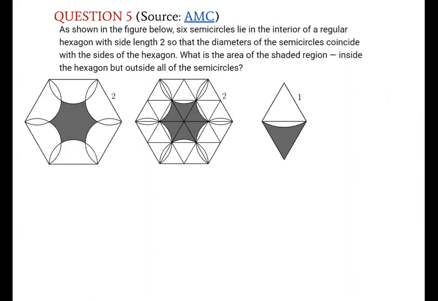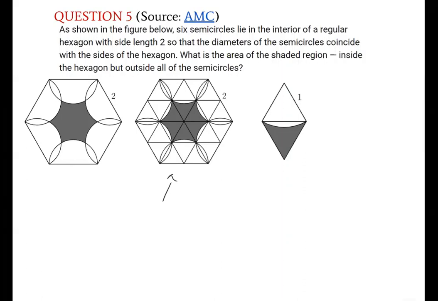Question 5. This question looks hard, I guess, but if you just draw some lines, then it'll be easy. So basically what I would do is draw some lines to make all of these equilateral triangles you can see here.